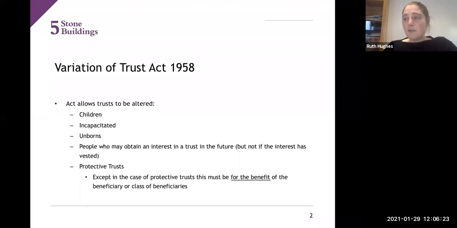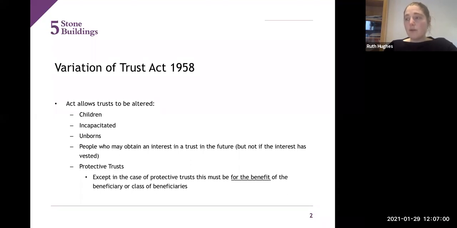So, for example, you can get short-term transitional serial interests or spousal immediate post-death interests in possession inserted into trusts to get spouse relief for inheritance tax, even though this will shut out children from income of the trust for a number of years, and even though it's possible that the spouse might die, and so there won't be inheritance tax benefit after all, if you would expect there to be a benefit at the end of the day for the children.